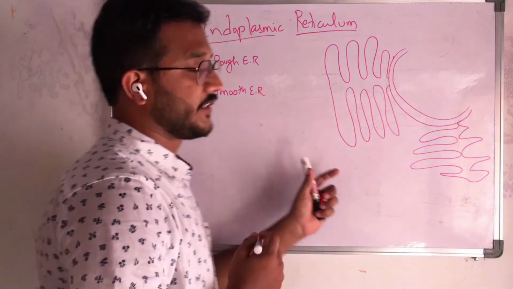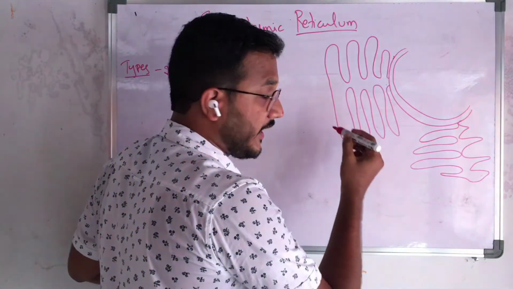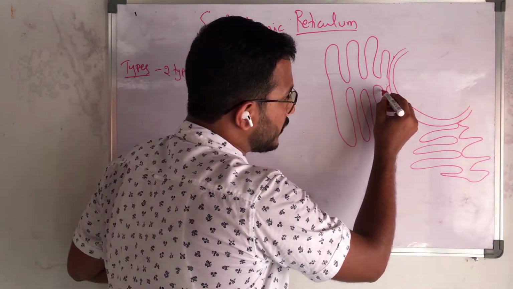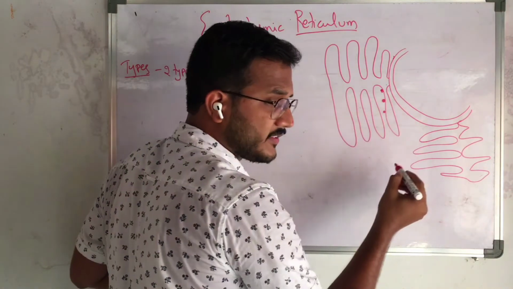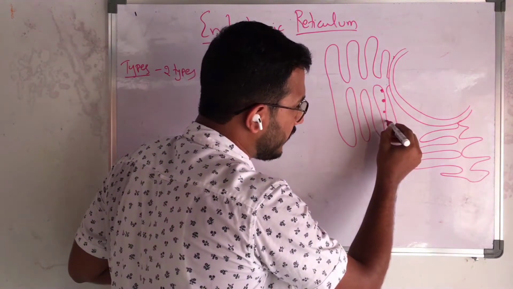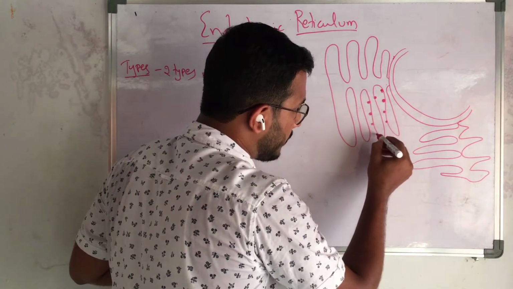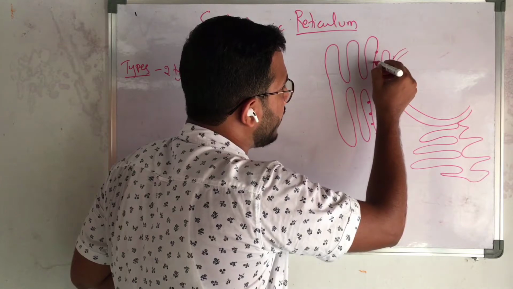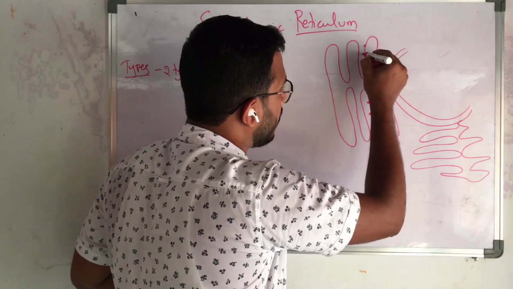Here, come to the structure. These tubules, at some places, have ribosomes. Those are another type of cell organelle we will discuss later. The ribosomes are present on the surface of the tubular structures of the endoplasmic reticulum.